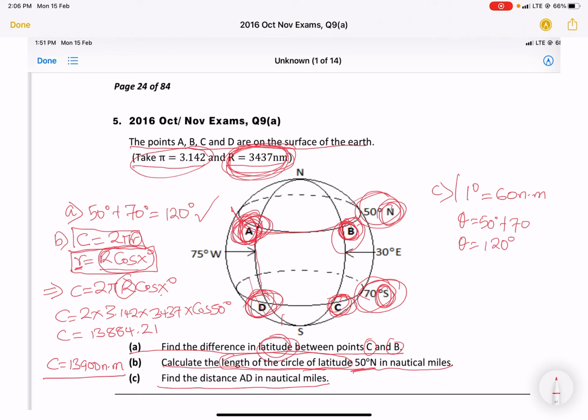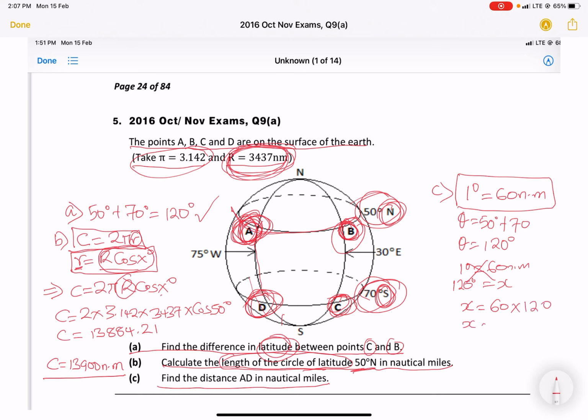Coming back to this, we'll say 1 degree is equal to 60 nautical miles. What about 120 degrees is equal to x? You cross multiply, x is equal to 60 nautical miles times 120.